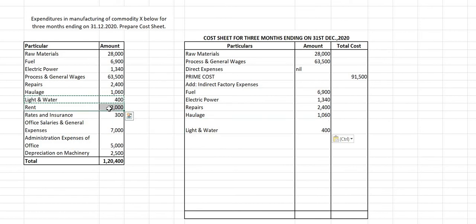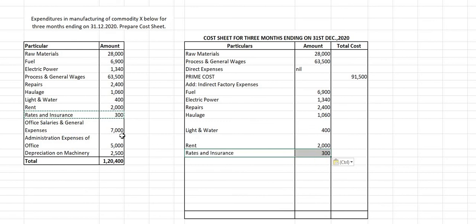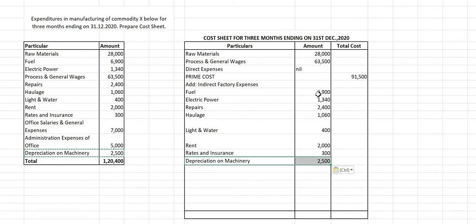Rent. Since it is not given whether the rent is for factory or office, we will give preference to the factory. Rates and insurance, again not given whether for a factory or office, so we are taking it for a factory. And last is your depreciation of machines. These are the items given in the question which are related to the factory.